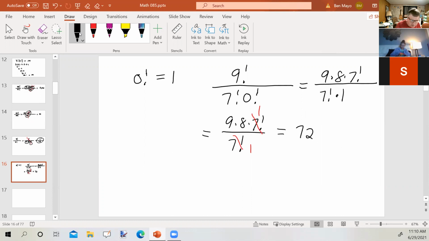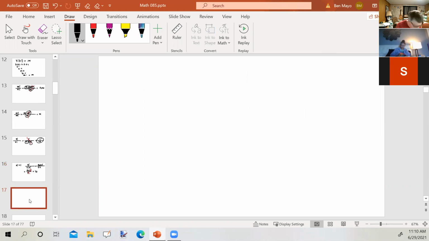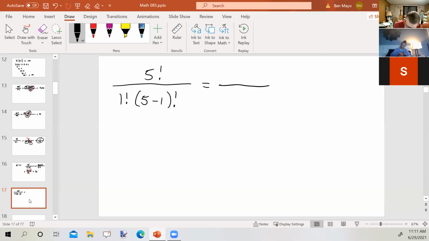Okay, let's take a look at this situation. 5 factorial divided by 1 factorial times the quantity 5 minus 1 factorial. Well, let's see. In the numerator, 5 factorial. We'll just leave it as 5 factorial for right now. What is 1 factorial? That's just 1. And then 5 minus 1 would be 4 factorial.